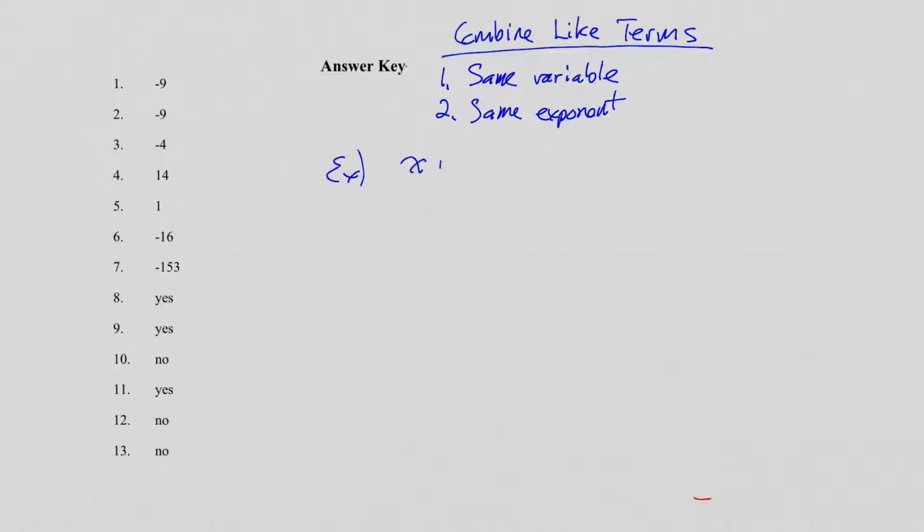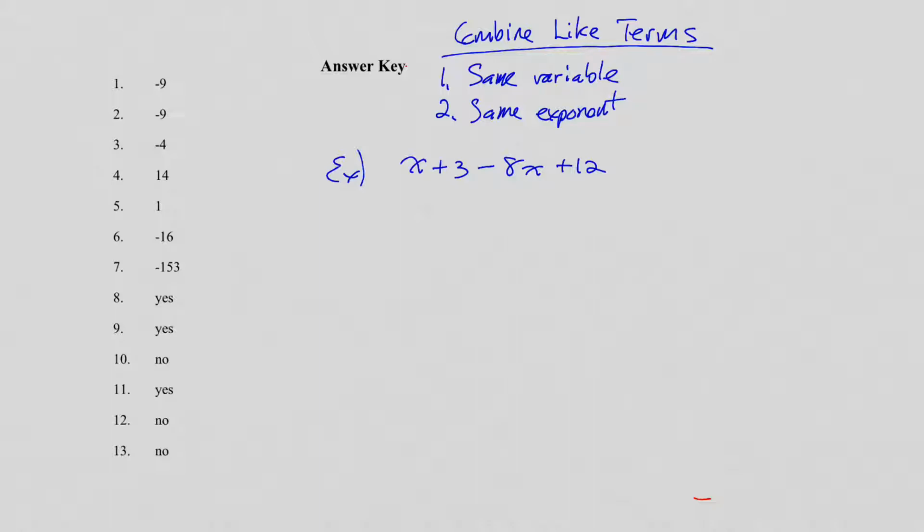Let's say we have x plus 3 minus 8x plus 12. And all we're saying is, okay, let's make this expression simpler by reducing the number of terms. So instead of having 4 terms, let's see if we can combine some of them into one term.